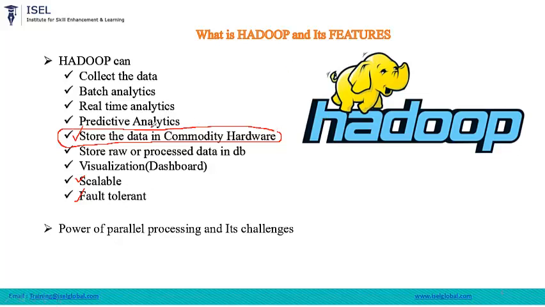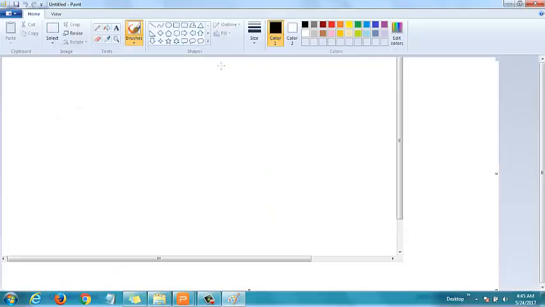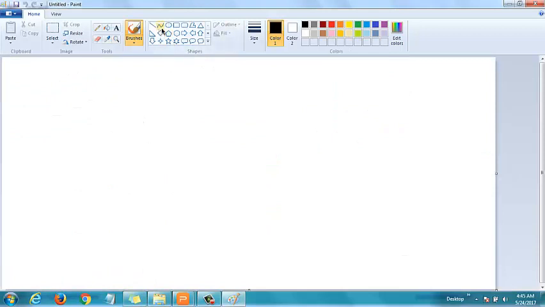I'm going to give a simple example so that it gives a good idea about how this parallel processing is going to work. For example, let me pull up my paint. Here, my boss is here and I'm here.